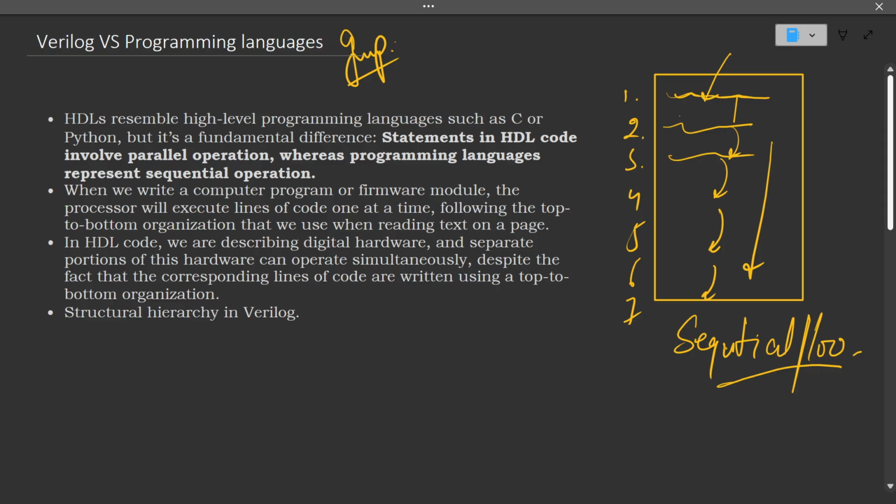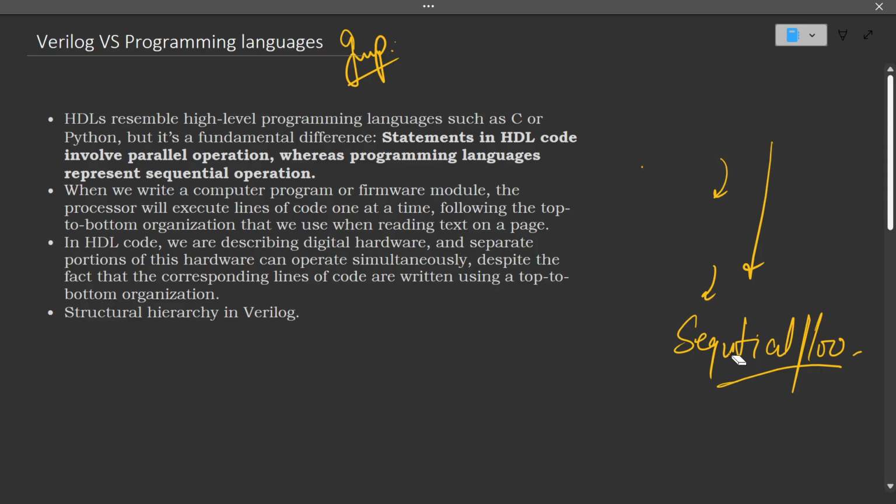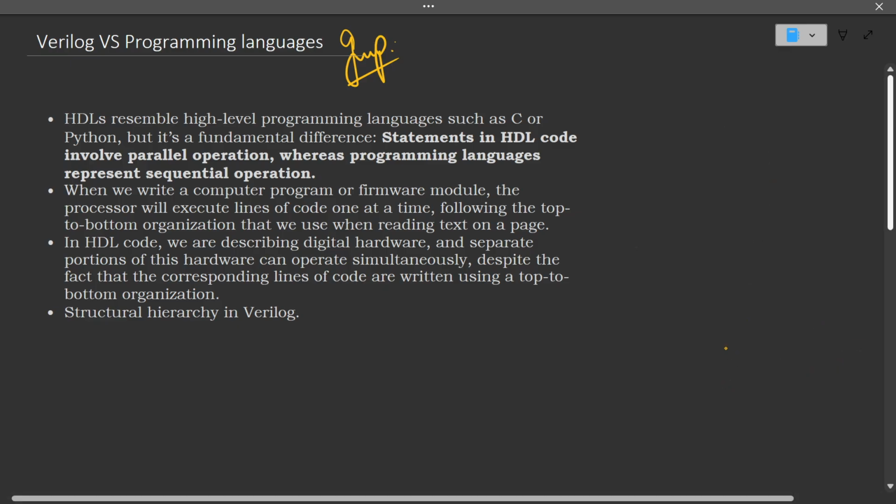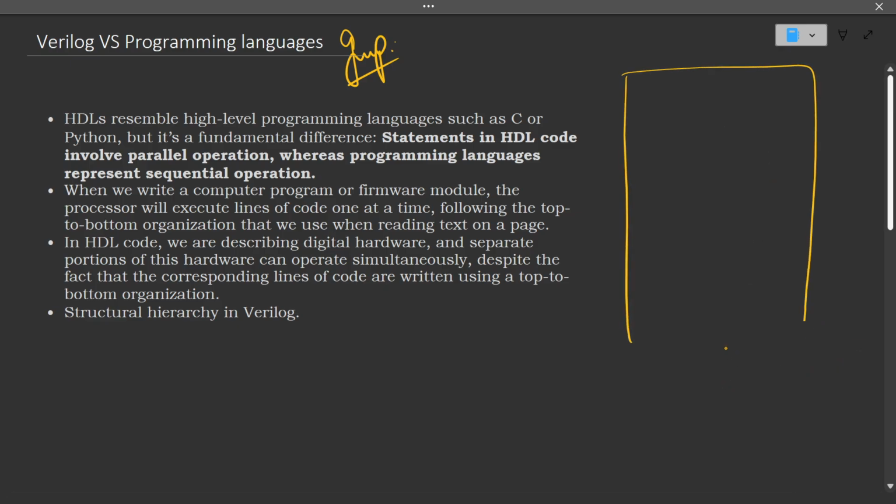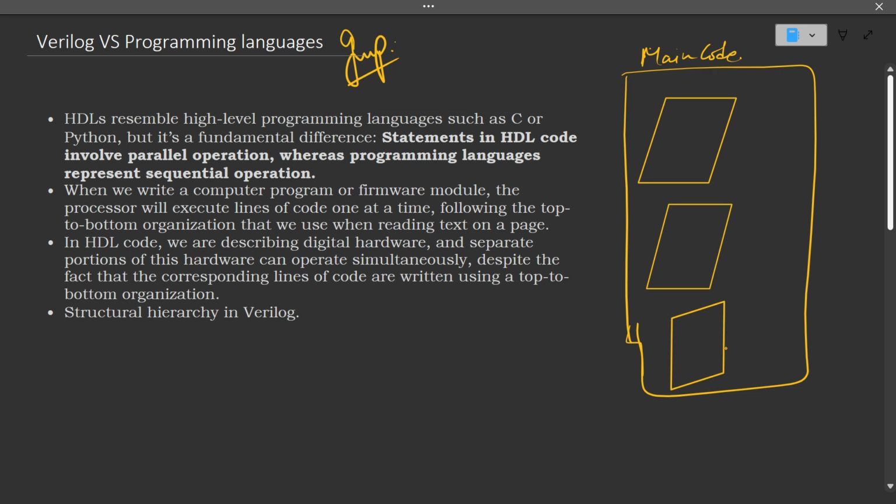But in case of Verilog, the things are different. There is a code which you have written in Verilog. This is the main code. This code might be containing some different subcodes. In these subcodes different lines are written.